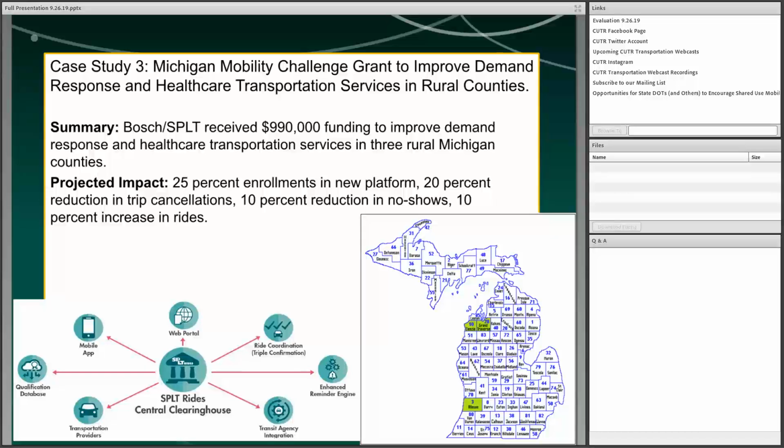Reminders are also provided the day before the trip, the morning of the trip, and while the ride is on the way. So with three reminders, no-shows would be reduced. The Split Rides platform is also integrated with the transit agency software. So this essentially demonstrates a mobility as a service framework in rural communities.